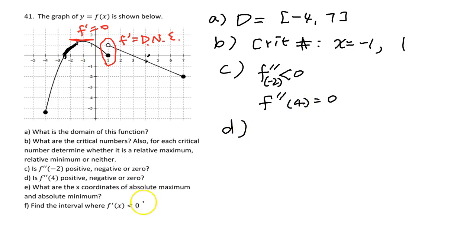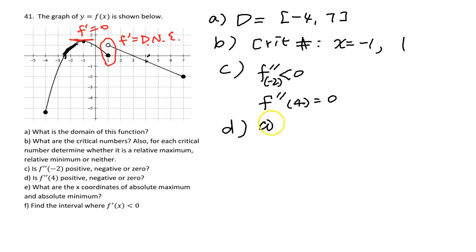Okay. What are the x coordinates of the absolute maximum and absolute minimum? Absolute max and absolute min are places that are highest on the graph and lowest on the graph. I think the highest point on the graph is right here, which also happens to be the relative maximum.